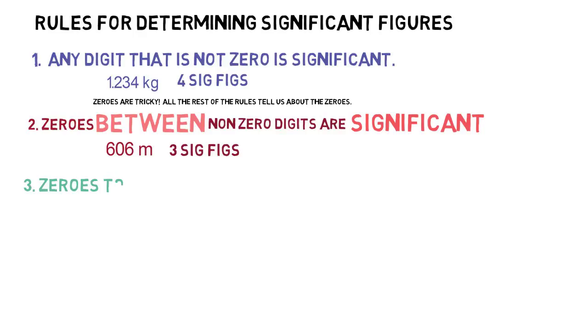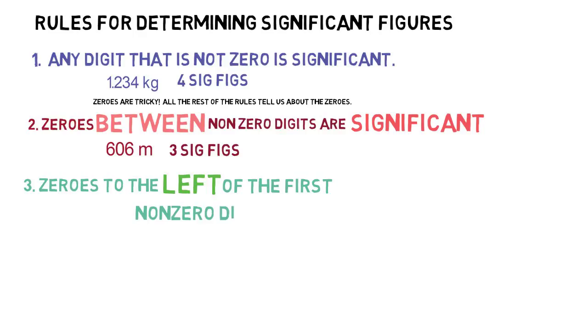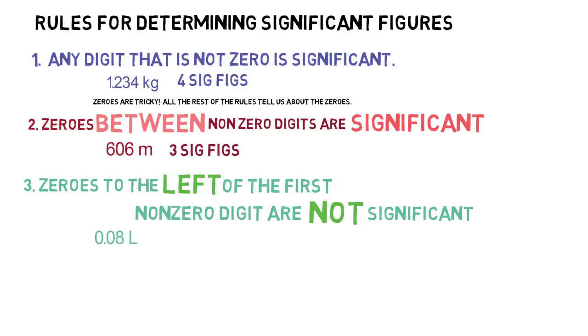The third rule says that zeros to the left of the first non-zero digit are not significant. So if we have a number like 0.08, that 8 is the first non-zero digit. And those other zeros are to the left of the 8, and they are not significant. So this number only has 1 sig fig in it.